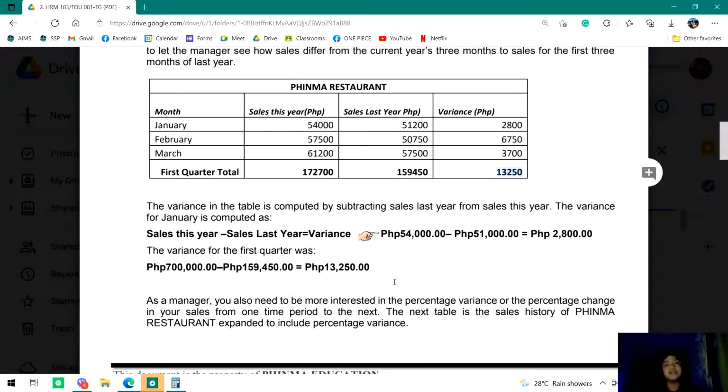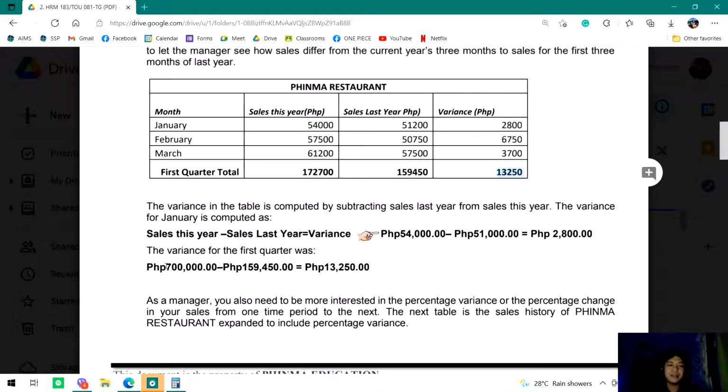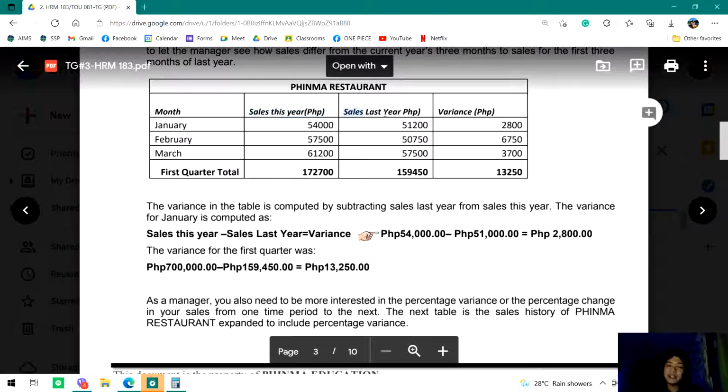That will be the variance for the first quarter, January, February, March. Don't mind this 700, I don't know where it came from. But what you have to do is just subtract: sales this year minus sales last year equals variance. So that's the second formula we need to remember for this discussion.